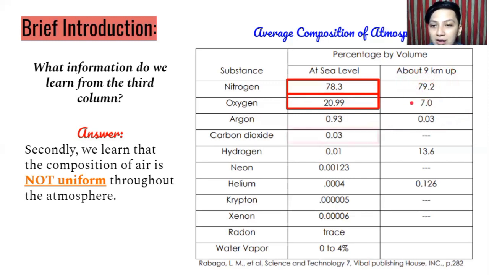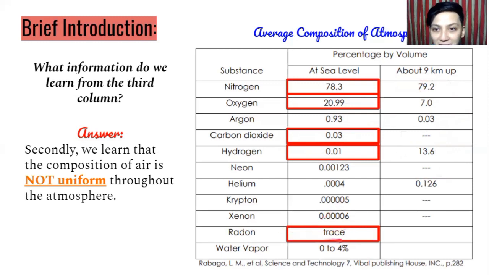Okay? And then we have carbon dioxide, and then it is not evident or it cannot be traced in the third column. So we have 0.01 hydrogen, which is very low at sea level, but it is very high in the third column, which is 9 kilometers up. And then radon cannot be traced in the third column, but at sea level, it can be traced.